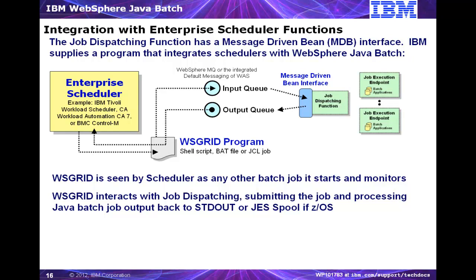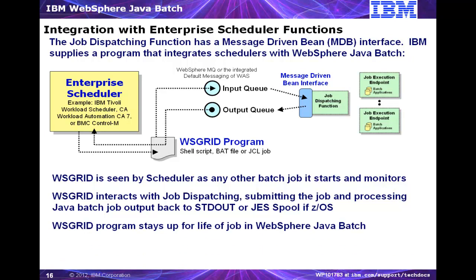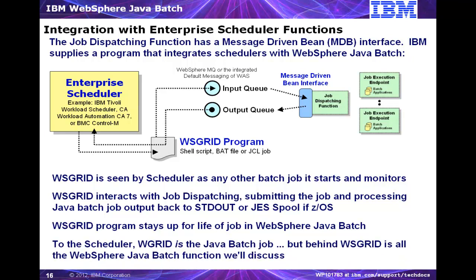Output from the Java Batch job streams back to WS-Grid standard out. As mentioned, WS-Grid stays up for the life of the batch job in WebSphere Java Batch. That's an important point because to the enterprise scheduler, WS-Grid is the batch job. WS-Grid serves as a kind of proxy for the Java Batch job running back in the WebSphere Batch container environment. WS-Grid is the glue that integrates your enterprise scheduler with WebSphere Java Batch.